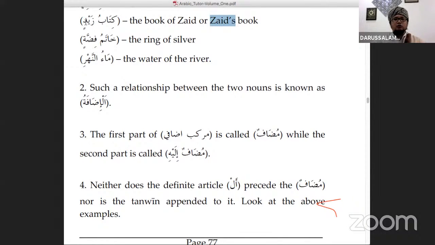The second part is called mudaf ilaih, or in Malay you can say mudaf yang disandarkan, and mudaf ilaih is the disandarkan kepadanya. Mudaf ilaih disandarkan kepadanya. Okay. Misalnya kitab, yang disandarkan apa? Kitab. Yang disandarkan kepadanya apa? Kepada Zaid. Boleh faham? Ya. Okay, kalau tak faham bagi tahu ya.